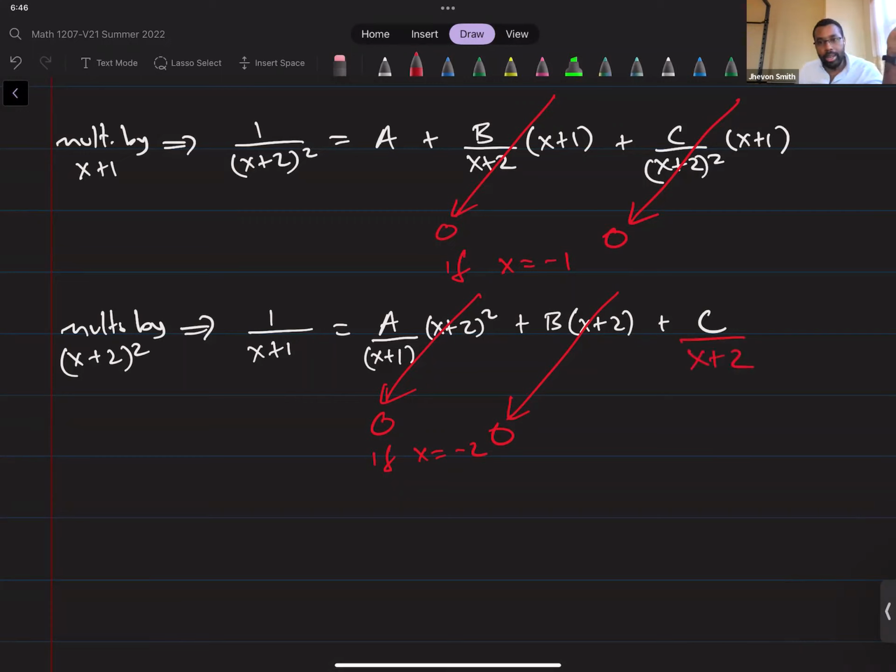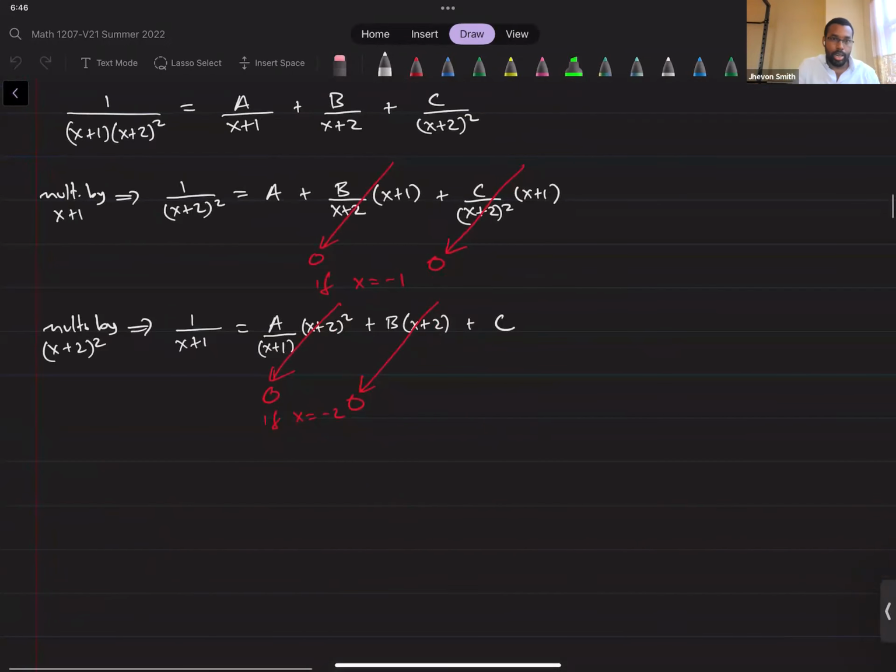And of course, I can't plug in anything that makes that 0. So that's why it's not going to work for the B, because I have to multiply by the highest factor possible, or else I'll still have denominators that are an issue.